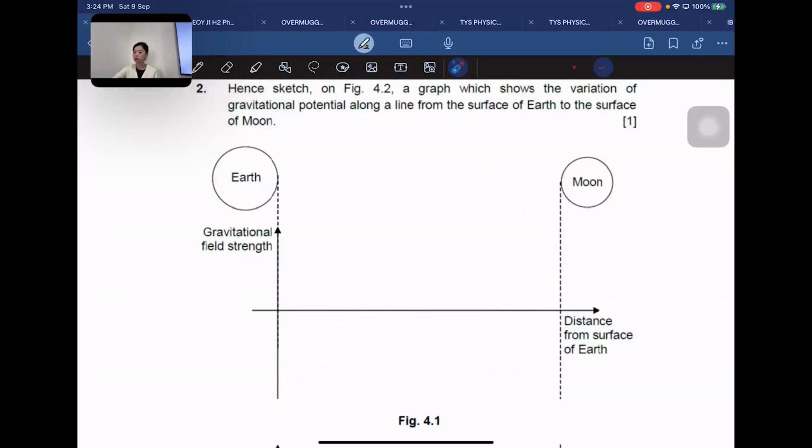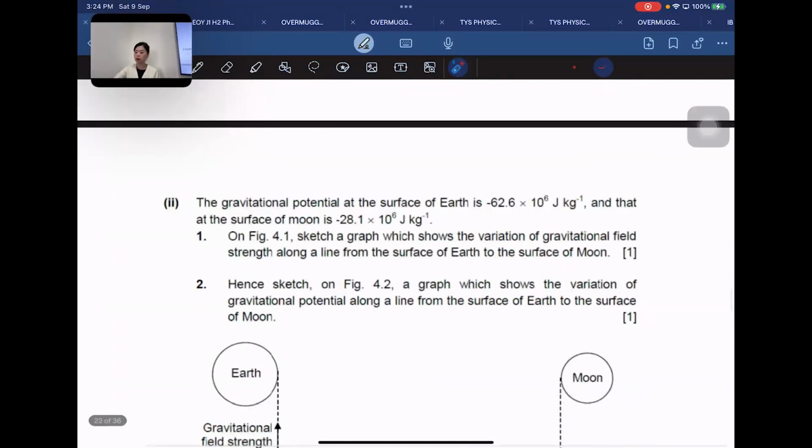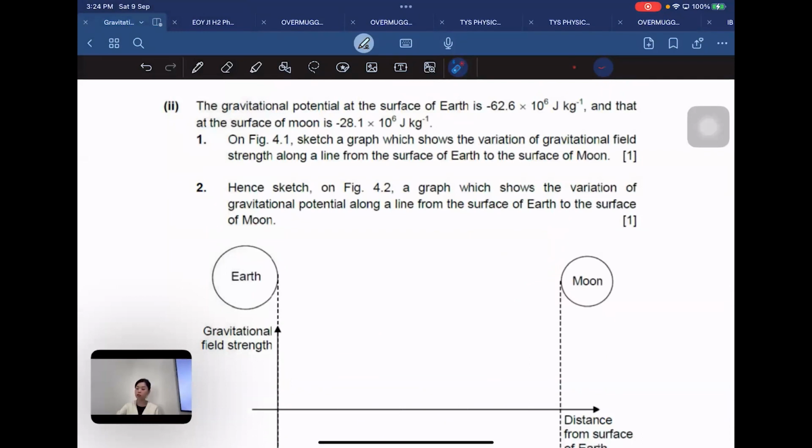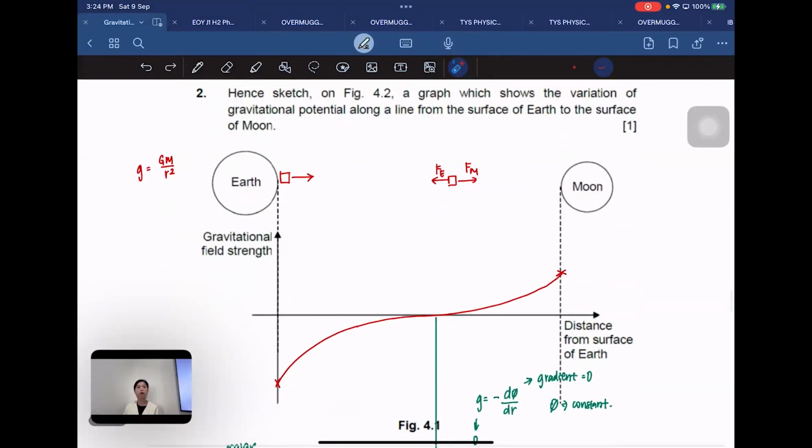That is why, to draw the graph for gravitational field strength, this is what we have. Or rather, for the graph of anything that is a vector following an inverse square law, this is how the diagram should look. Take note, the one for Earth is much larger than the one for Moon because of the size difference.